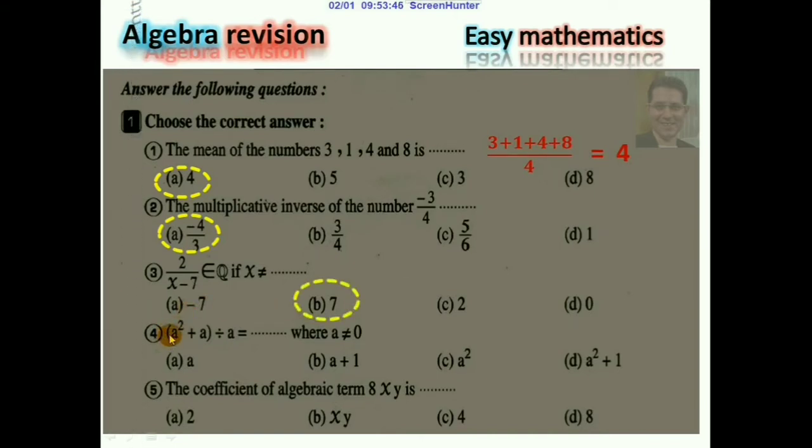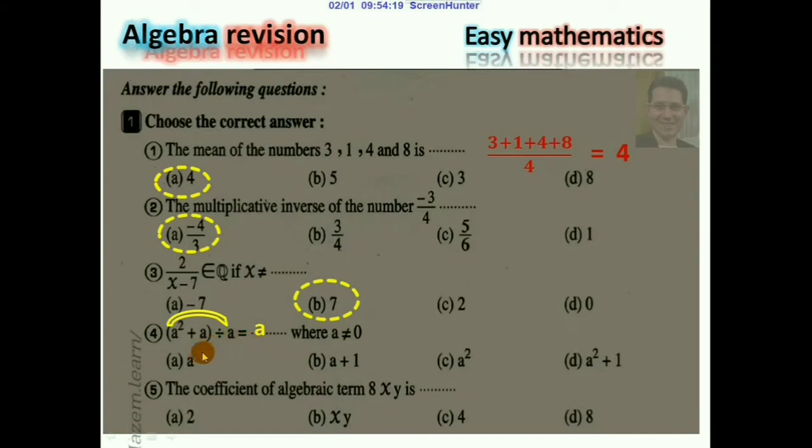Number 4, we want to divide this algebraic expression a power 2 plus a divided by 1a here. When we divide an algebraic expression by an algebraic term, we just divide each term by 1a. We divide first 1a power 2 divided by 1a. When we divide like this, we subtract their powers. So 1a power 2 divided by 1a power 1 will be equal 1a, and we ignore 1 here.